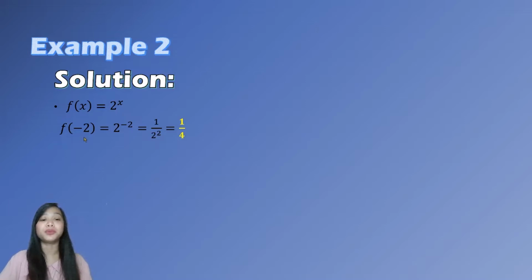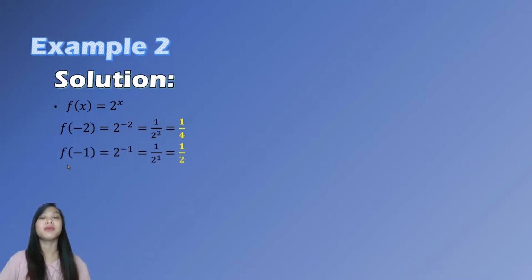f of negative 2 is equal to 2 raised to negative 2. We substitute negative 2 for x. So this is equal to 1 over 2 raised to 2. This shows the law of negative exponent. So 1 over 2 squared is 1 over 4.